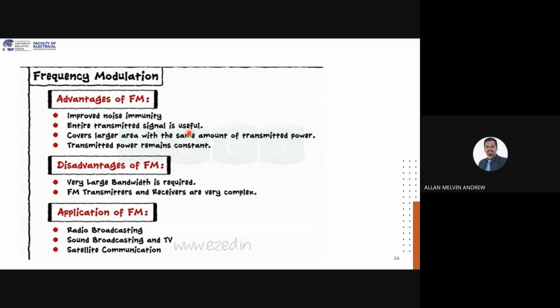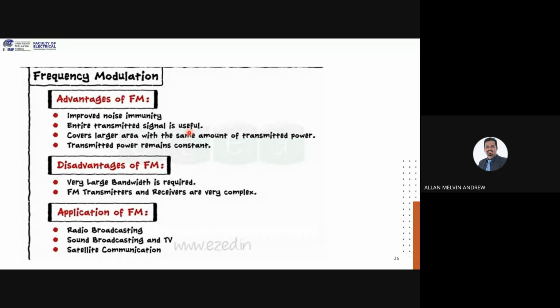When you vary the amplitude of the carrier signal, it becomes like a customized transmitter signal. Meaning once you deliver it, you cannot reuse it again. You cannot send a lot of information inside when you change the amplitude.